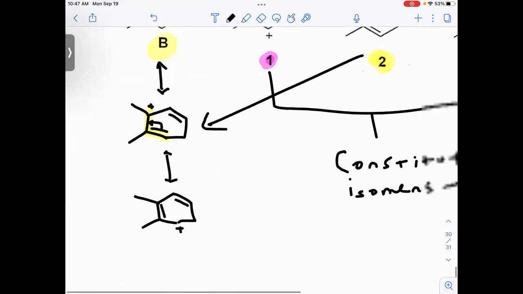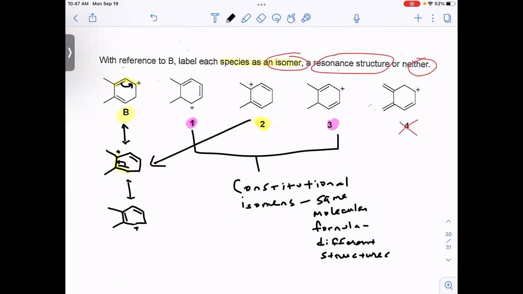Does that match 3? It still doesn't match it though, right? That here, that here. So neither one of those matches any of the resonance forms. So they'll still be considered constitutional isomers.